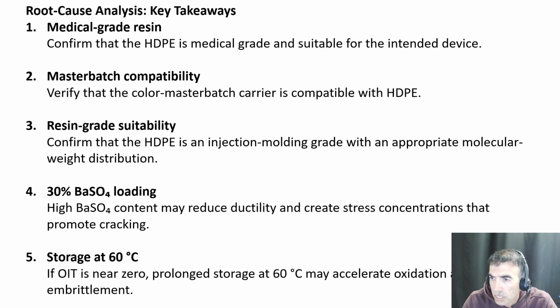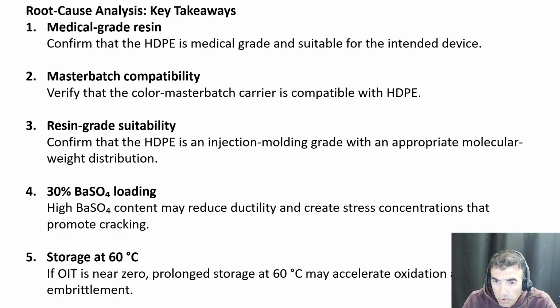It could promote stress concentration, and if you do accelerated aging at high temperature, it could promote cracking. So if you are adding barium sulfate, make sure that you are adding it for the right cause, and the level is also very important. There is a significant difference even between 20 to 30% loading of barium sulfate.